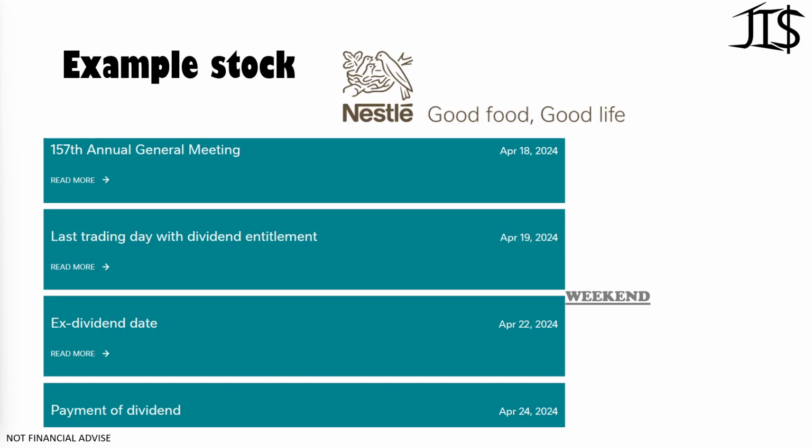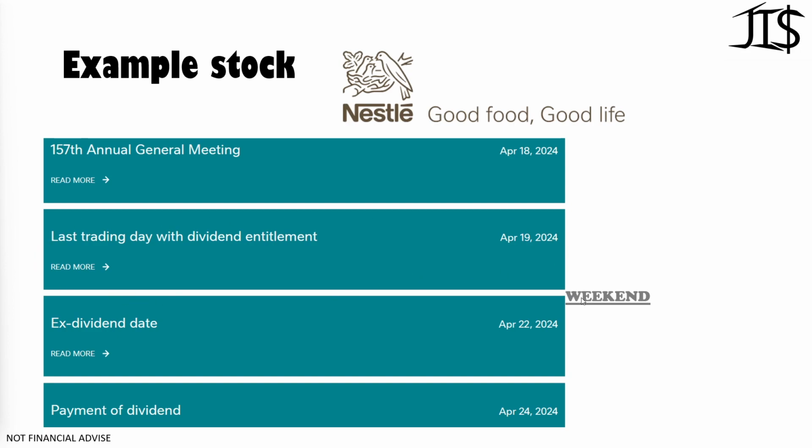And then some examples. So you have here an example of Nestle, how they announce it on their website. On the 18th of April you have the general meeting. On the 19th of April you have the last trading day with dividend entitlement. I really like the fact that they put it like this.